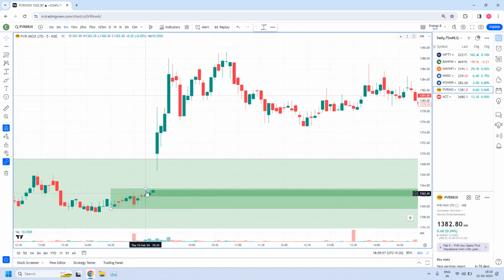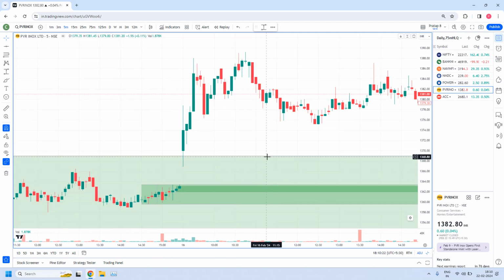See, this is an ERC candle I am considering. The reason is the length of this candle, look at the length of this candle, they are the same. If you had considered this base, you would have given priority to this base candle. But look at the length, meaning range. The range of this candle and the range of this candle are the same. So that's why I consider this as a leg-in, 2 base candles and a rally.